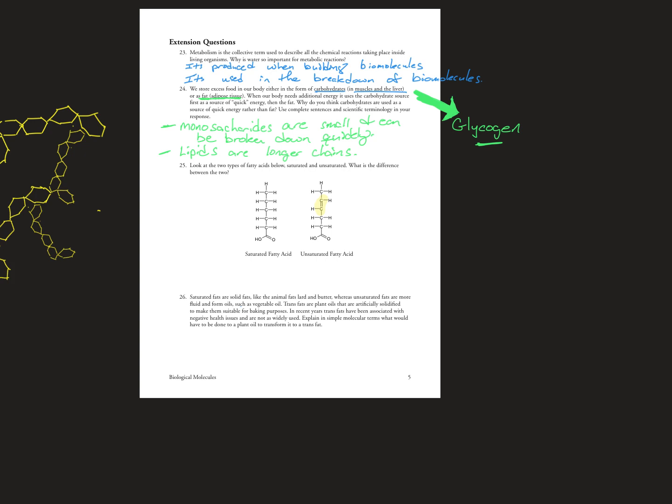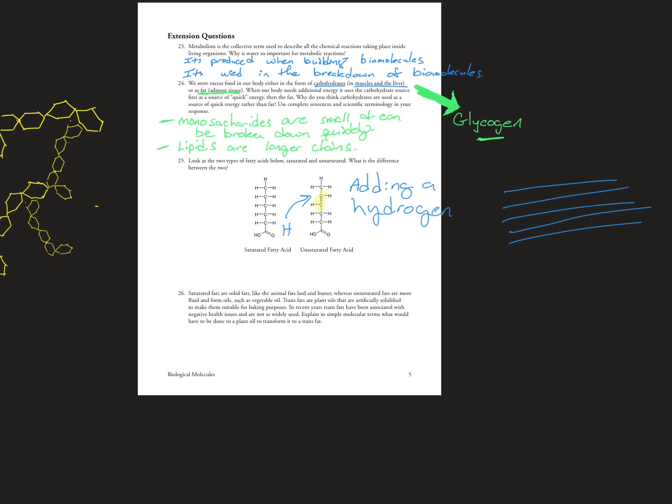Well, you would do that by adding a hydrogen. If you add a hydrogen there, now you can layer the fats on top. It'll be solid. But without it, this unsaturated fat is kinked and will be liquid at room temperature. But if you add a hydrogen, it straightens out, and now you can layer them.